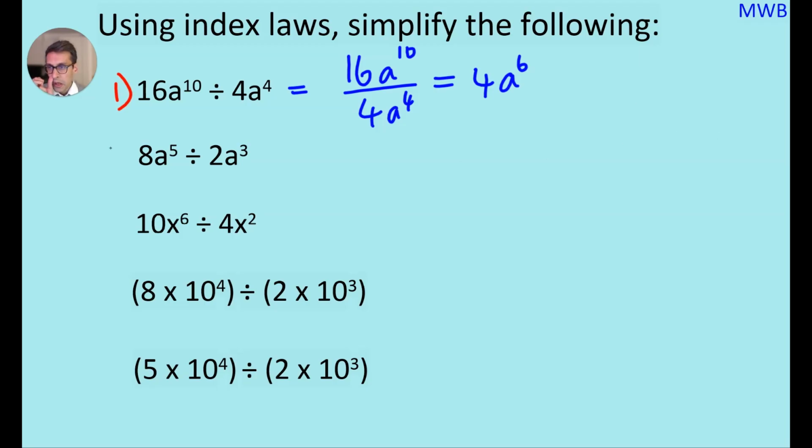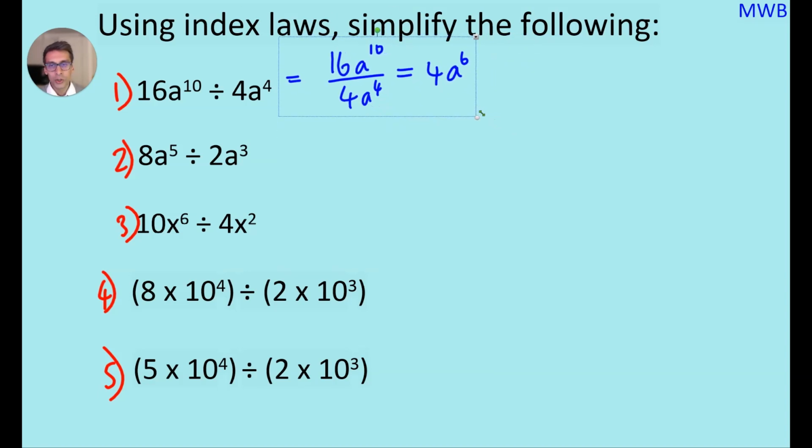Okay, so using that rule, can you answer questions 2, 3, 4 and 5? Have a go, pause the video, and then I'm going to show you the answers in 3, 2, 1. Okay, here we go.